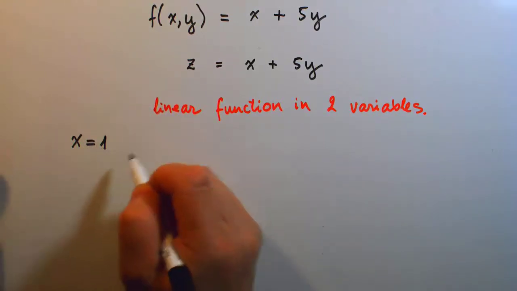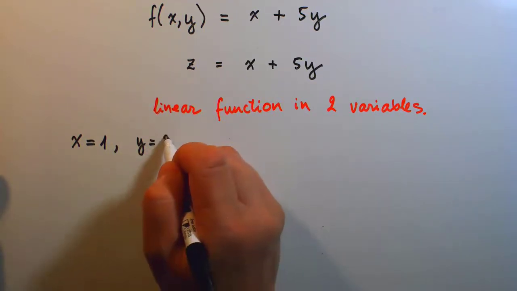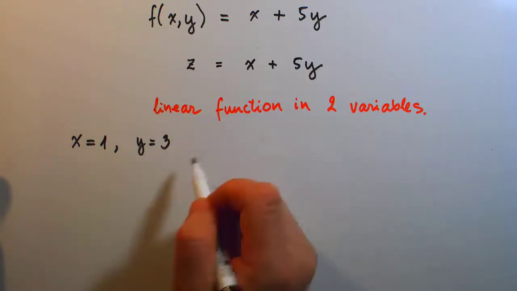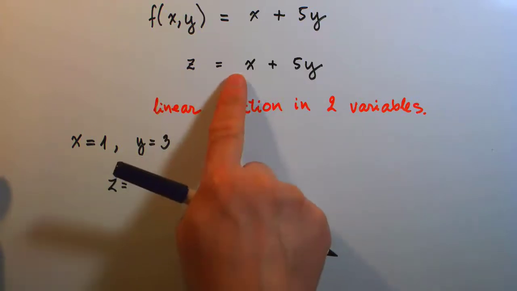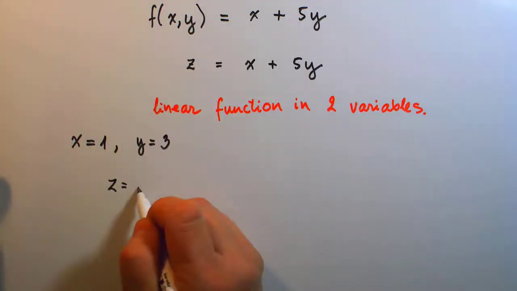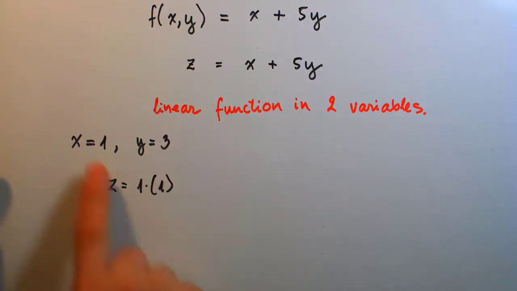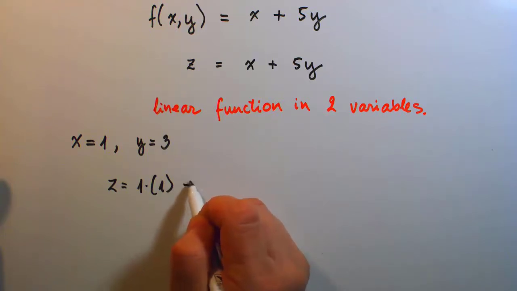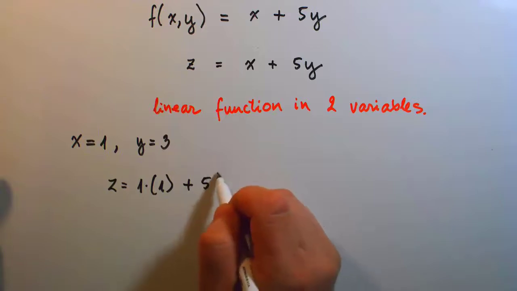So here, let's say, for example, when x equals 1 and y is given to be 3, then my function reads the output as the value for z is going to equal, so let's say the coefficient of x is 1, so 1 times 1. So now with the substituted value of x equals 1, we substitute that in here, and the function output or the value of z also depends on the value of y as given.